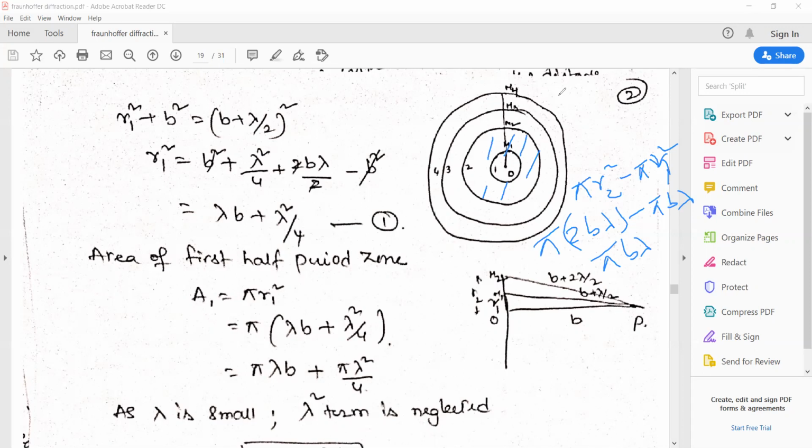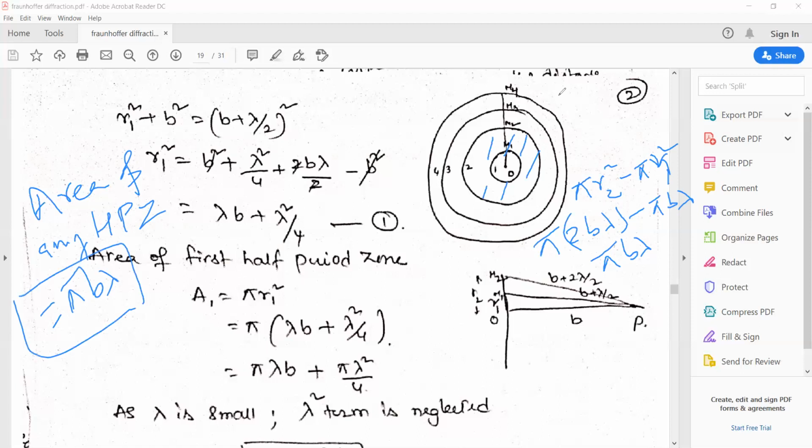You see, the first half period zone area is pi b lambda, and the second half period zone is also pi b lambda. So what happens to the nth half period zone area? It will also be pi b lambda. The area of any half period zone will be pi b lambda only. So this is independent of the number of the zone, like first zone, second zone, third zone, fourth zone, fifth zone. All zones will have the same area.